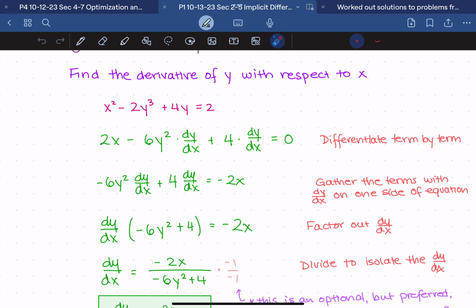For the second term, xy, the variables don't agree, so differentiate like normal, but then multiply by dy dx, the derivative of the inside function. For the third term, again, the variables don't match, so differentiate like normal, but then use the chain rule and multiply by dy dx.